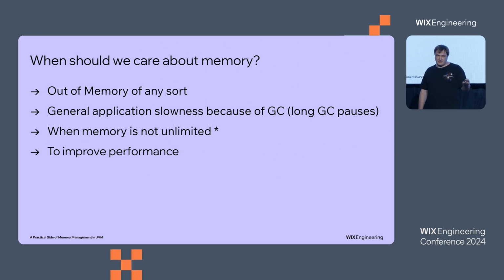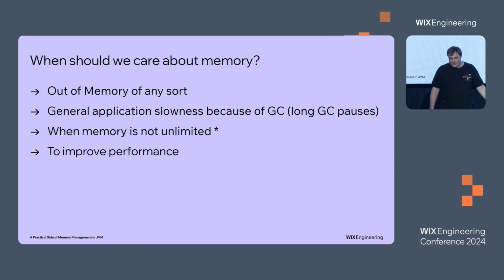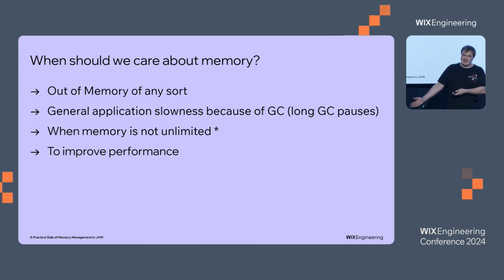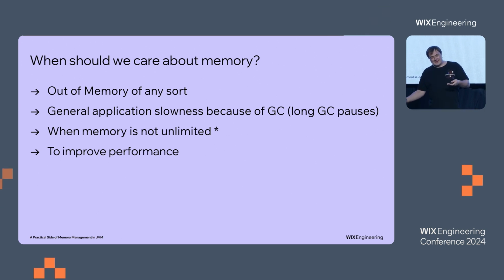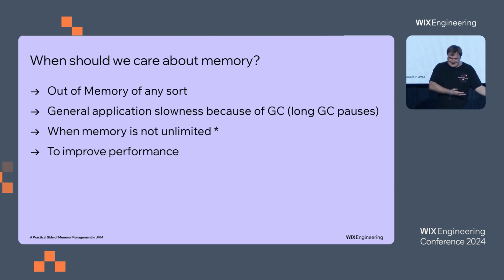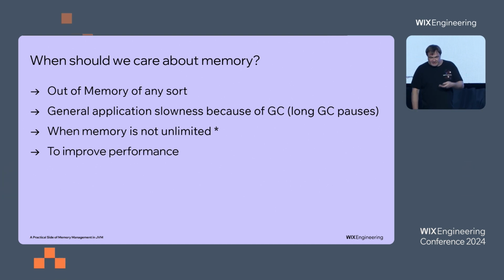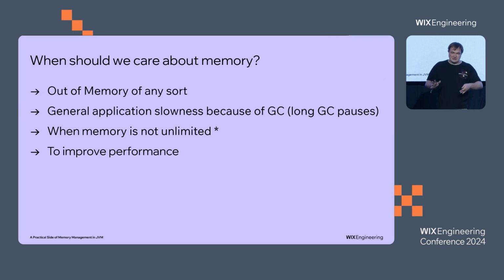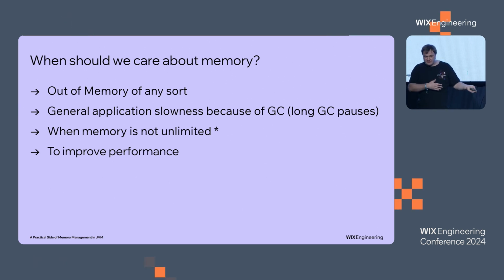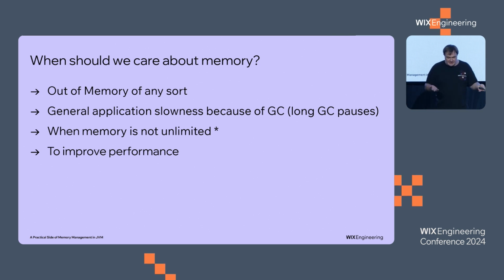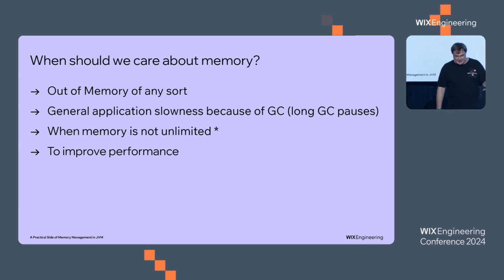When should we care about memory? The obvious answer is if we encounter any kind of out of memory, we probably should care to guess what's going on. If our application experiences general overall slowness because of the GC pause time, obviously we also need to care about this.